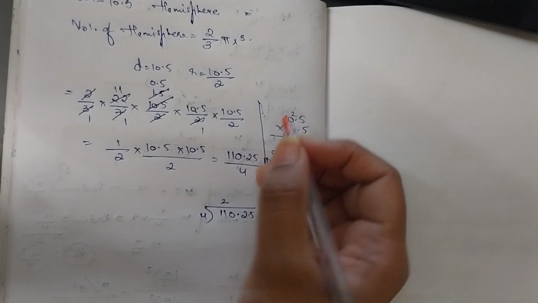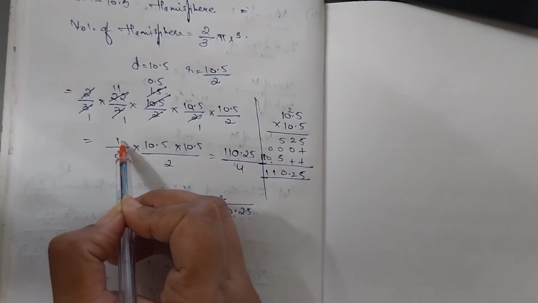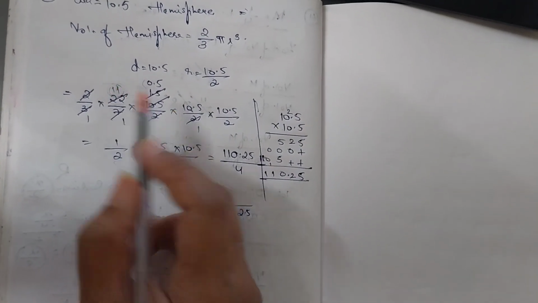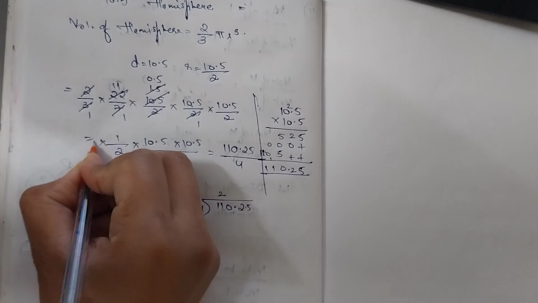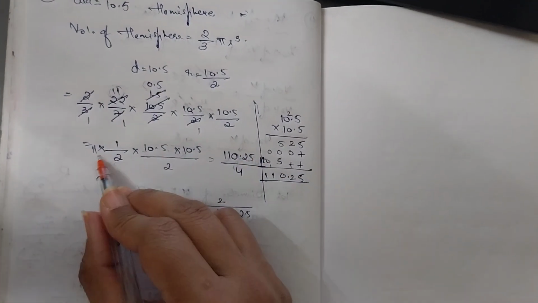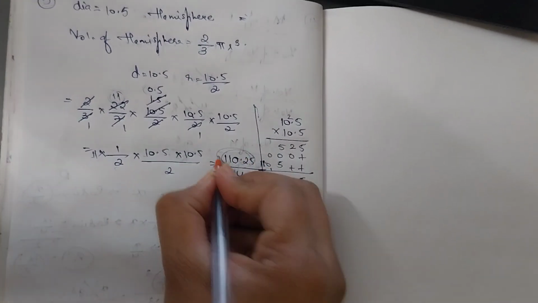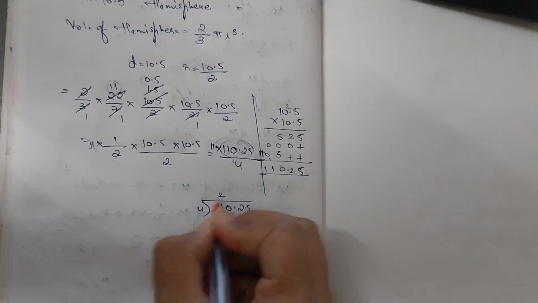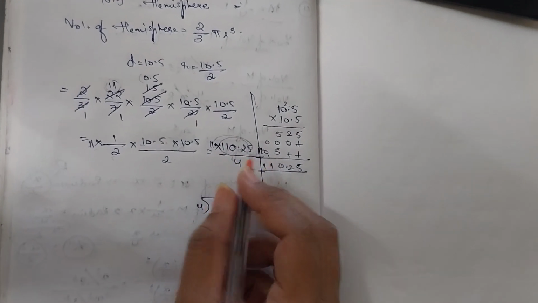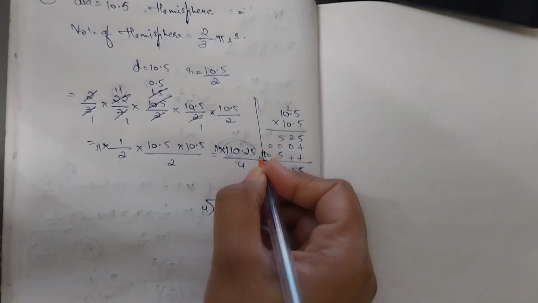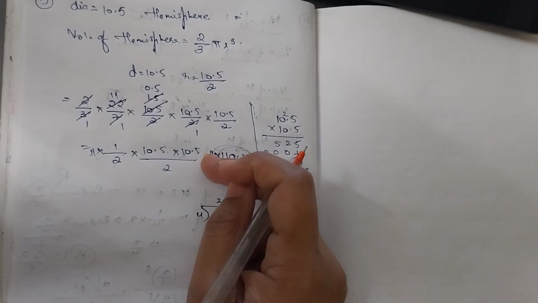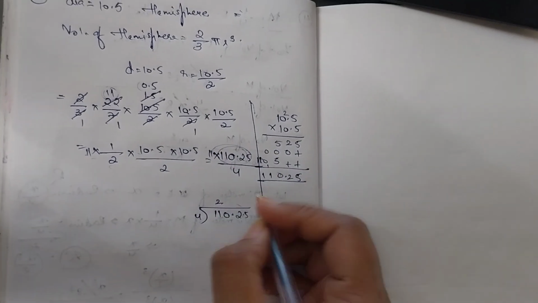I've made one mistake here. It is 11, I took it as just 1. I missed this 11, so there's an 11 also in here. So I need to multiply all of this. I need to first divide that and then multiply with 11, or either way we can do it. So let's just divide this, then multiply by 11 later.